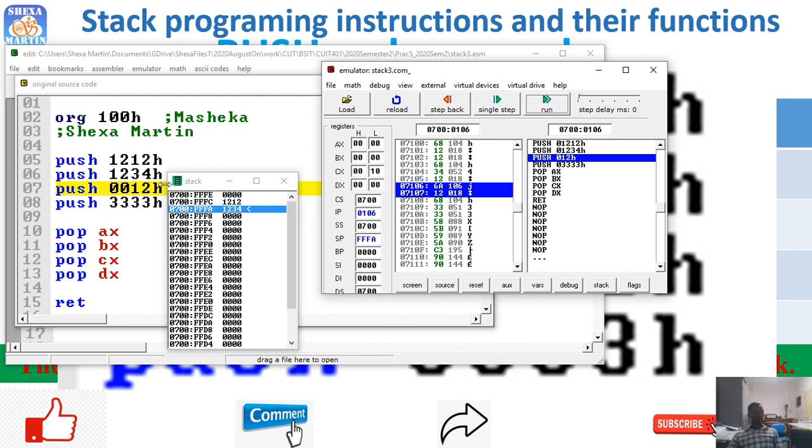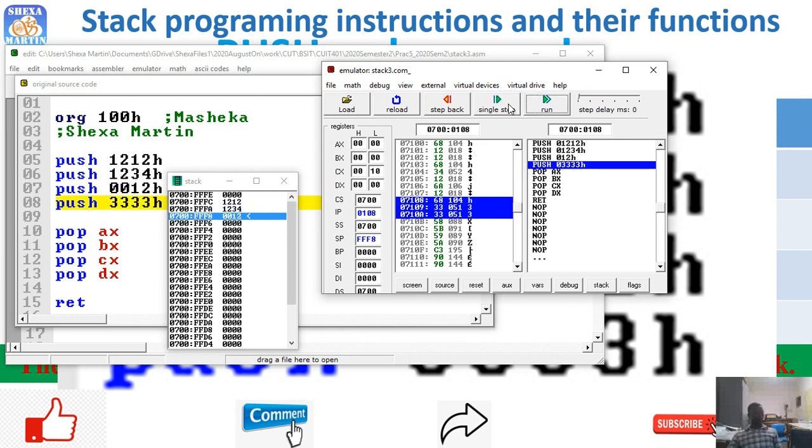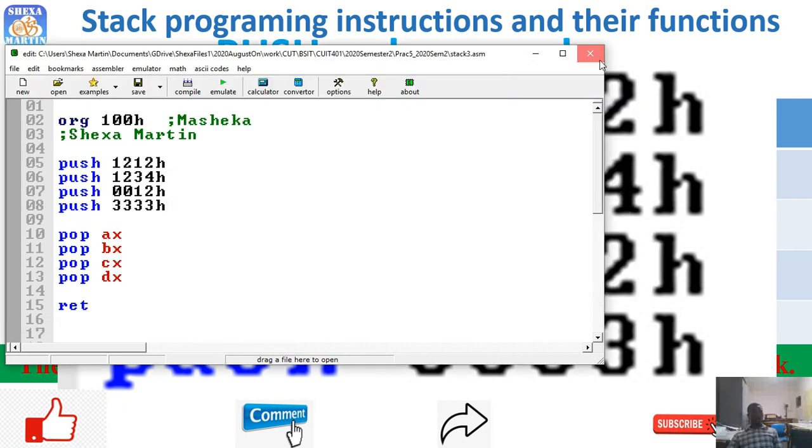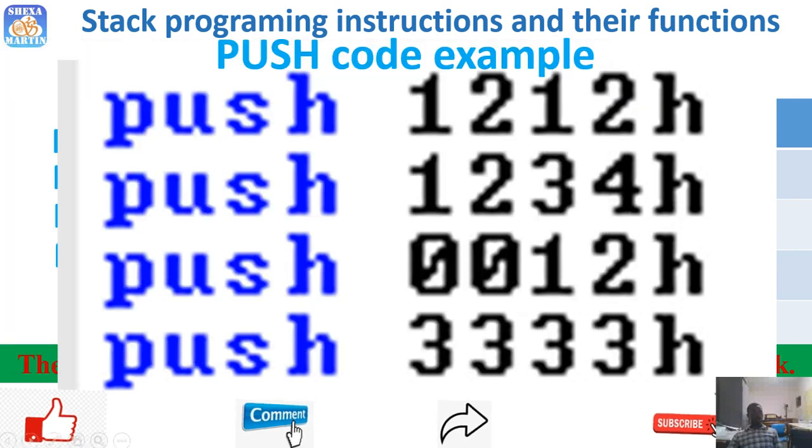The next instruction to be executed is 0102, and 0012 is the value we expect to see at the top of the stack after executing that instruction. There, you see 3333 there as well. So that's how the push instruction works.